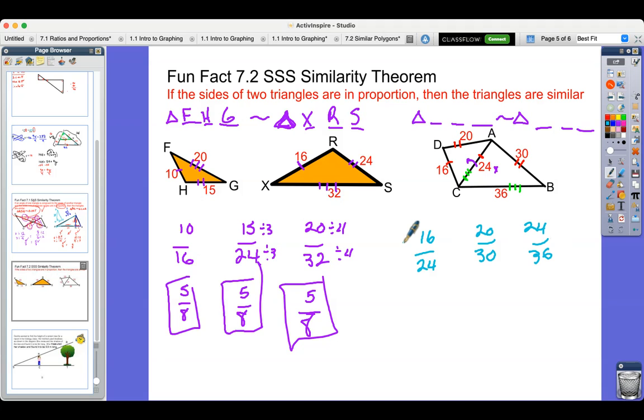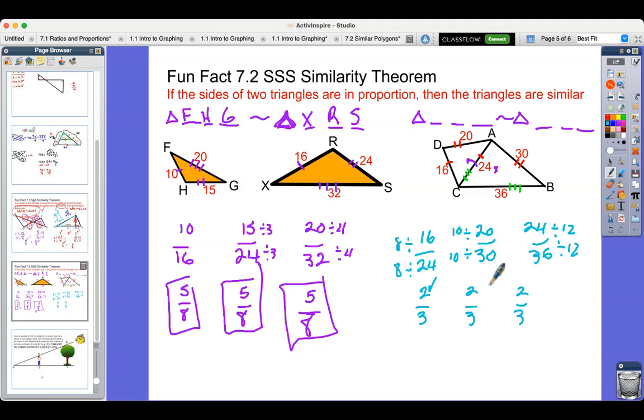So let's go about this. Here we can reduce by 8. 8 goes into 16 2 times, 8 goes into 24 3 times. Here we're going to reduce by 10s, so 2 over 3. All right, we're doing good. Here we're going to reduce by 12, 2 over 3, yes.